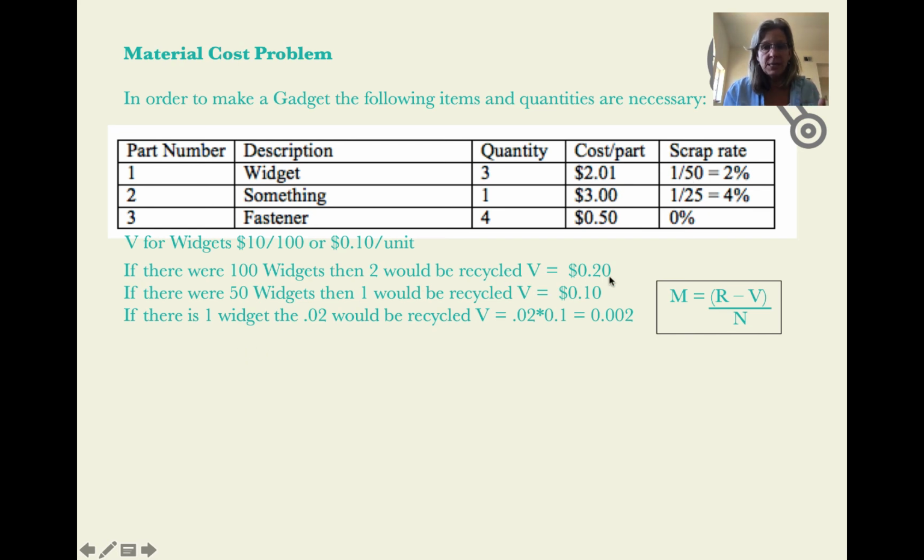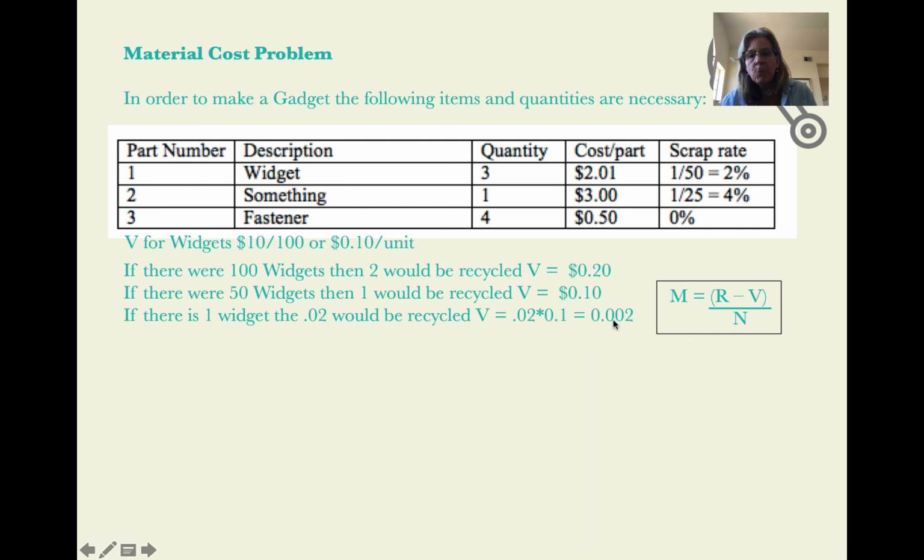And so that means the recycling revenue, if we had a batch of 100, would be 20 cents. So if there was 50 widgets in a batch, it would be 1 that would be bad, right? Because it's 1 in 50, as we've defined here, and that would be 10 cents. But if there's 1 widget, then 0.02, so that's where we get the 2% would be recycled. So then the recycling revenue is 0.02 times 10 cents, which is how much we get it recycled for.